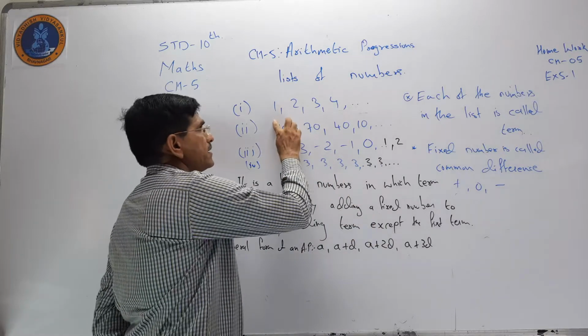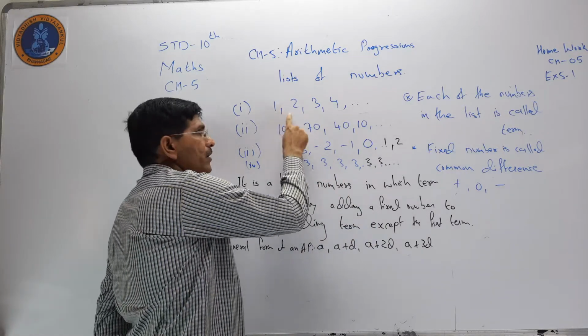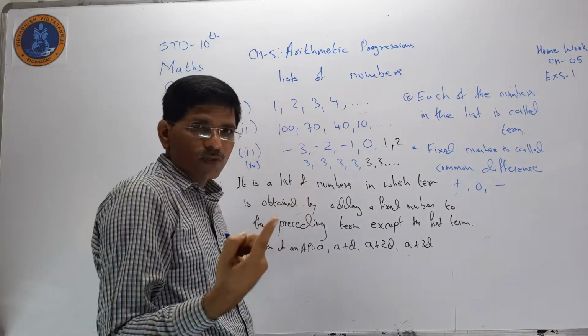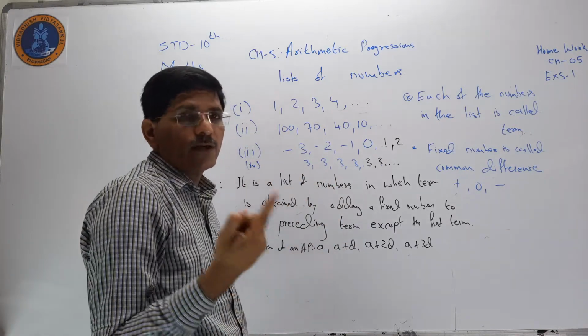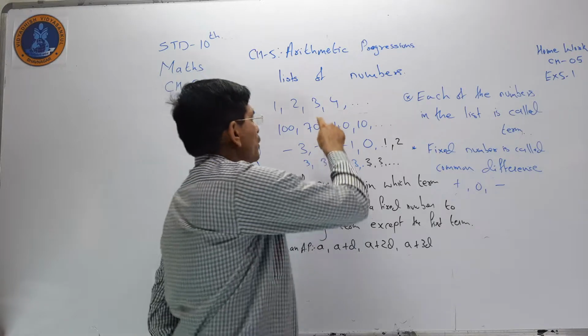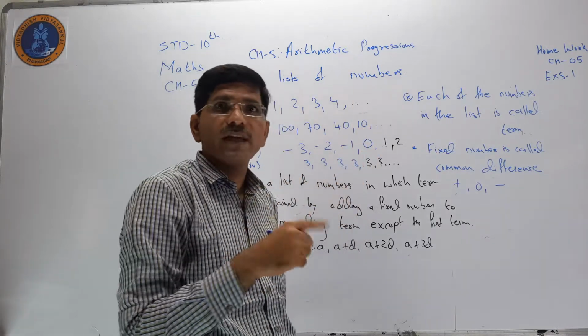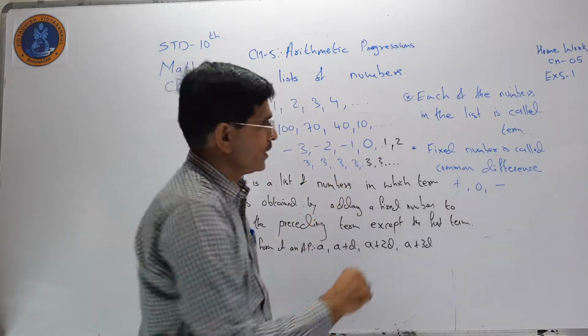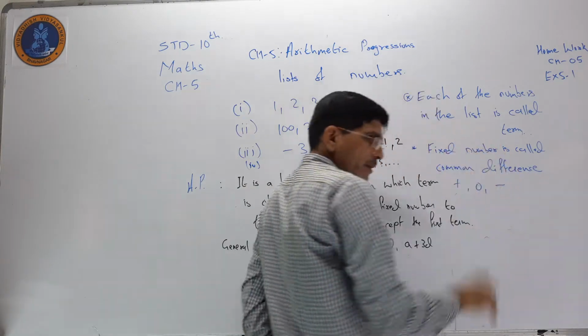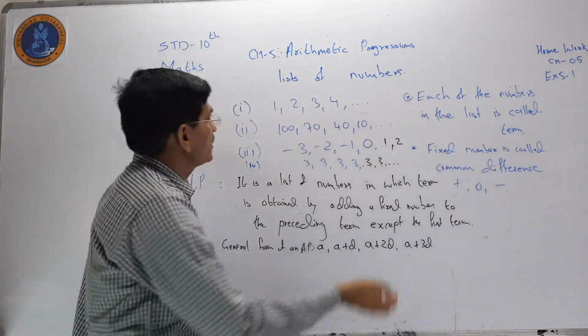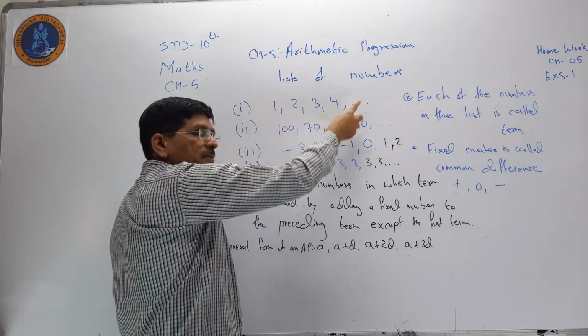Now if you see here, after 1, 2 comes. So plus 1 is added, then 3. Plus 1 is added again, 3 plus 1 is 4. So plus 1 we added. That fixed number is called the common difference. Here plus is there, positive numbers are there.